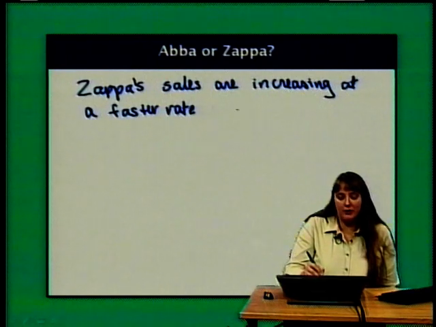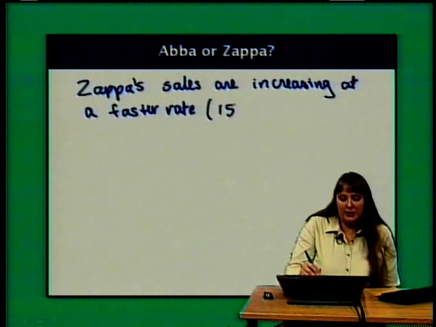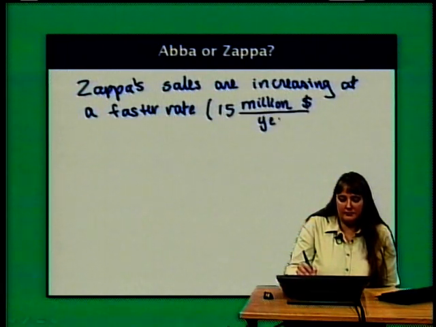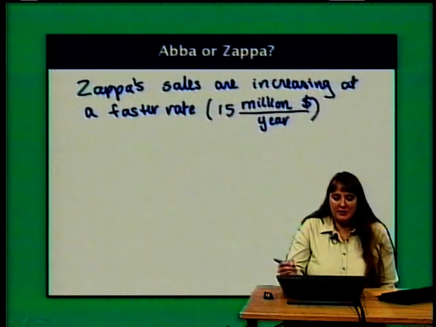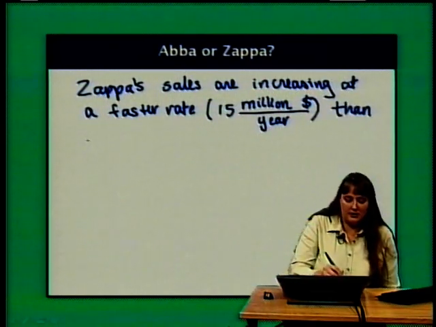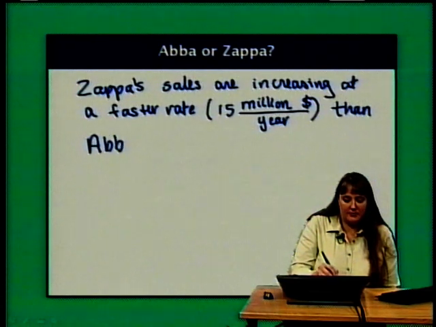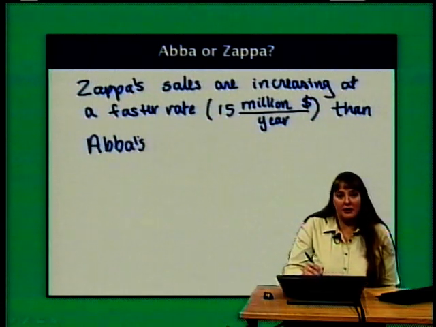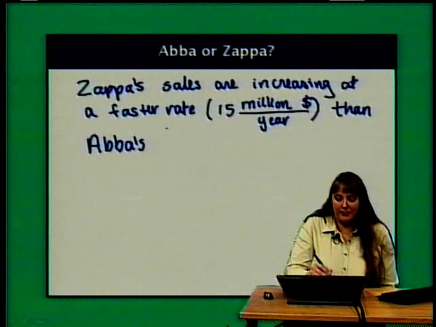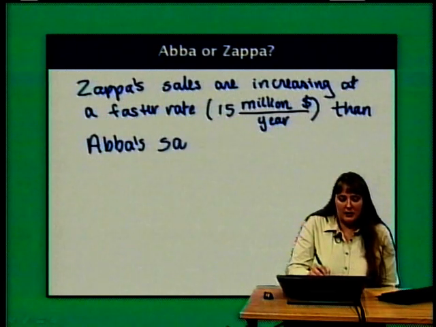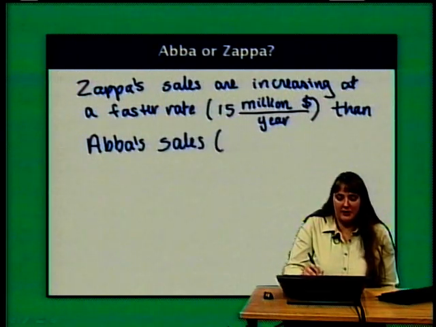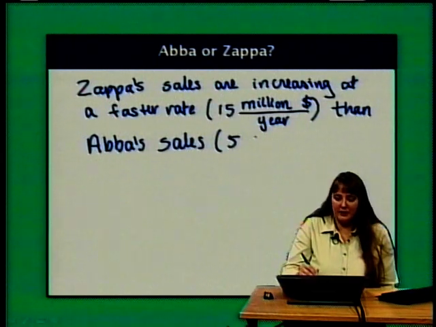That's the one that we computed as $15 million per year. So Zappa's sales are increasing at a faster rate than ABBA's sales, even though the line on the graph for ABBA Realty looked steeper. ABBA sales were only increasing at a rate of $5 million per year.